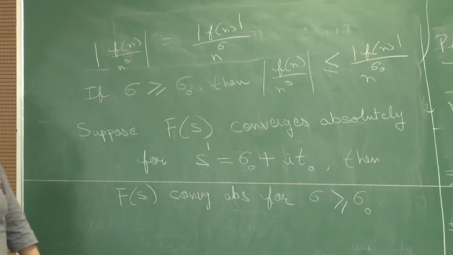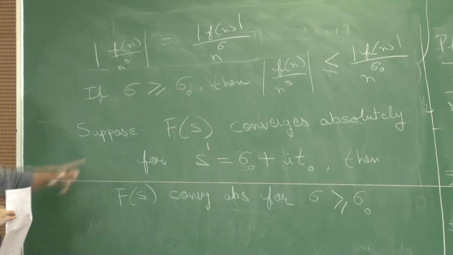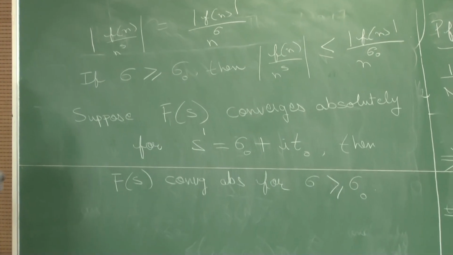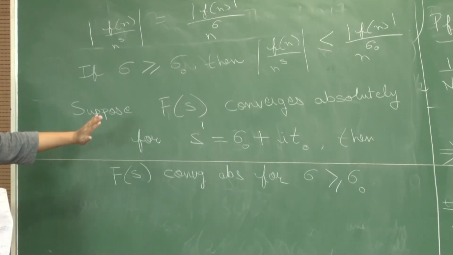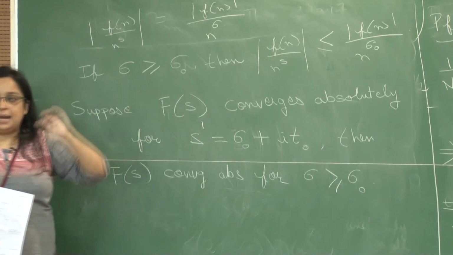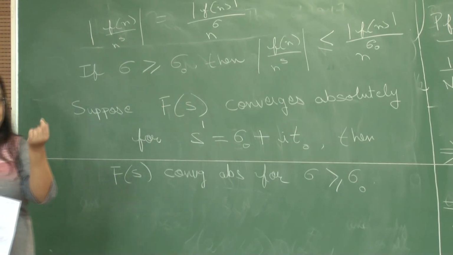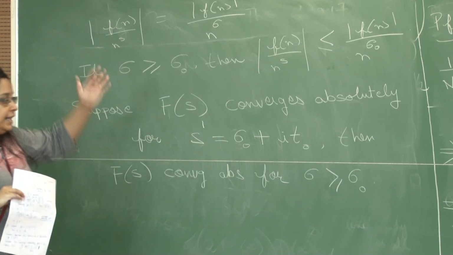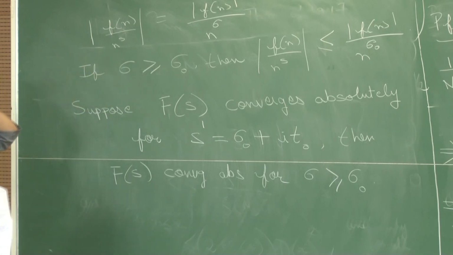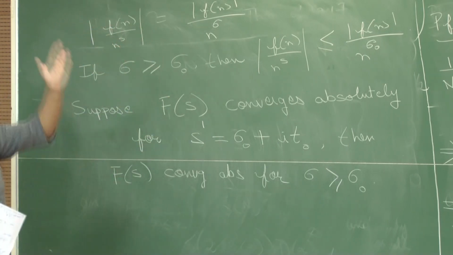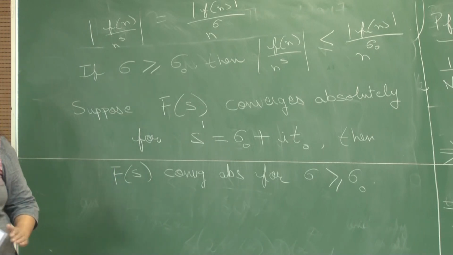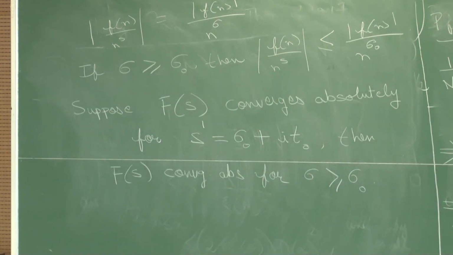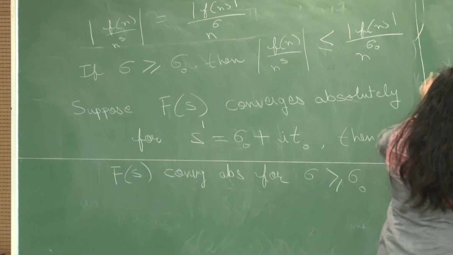So the moment you find one complex number where the sum converges absolutely, then to the right of the real part of that complex number, you will immediately know that the sum will converge absolutely. So to start with, really all you need is one little point where the sum converges absolutely, and therefore, for all these types of series, we often talk about half planes of convergence. Okay? So half planes of absolute convergence, I mean. So what all this tells us is the following.